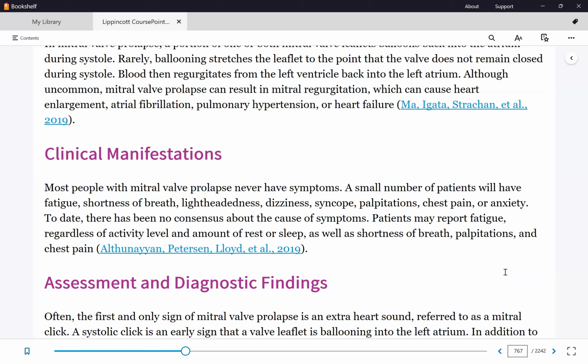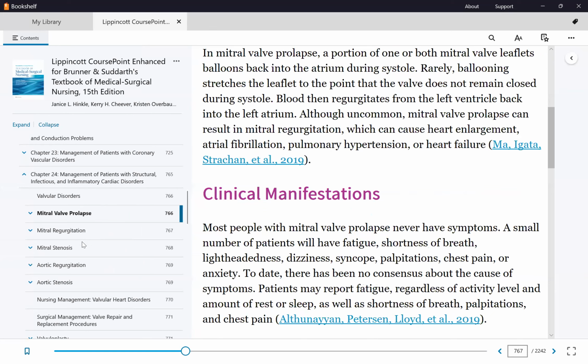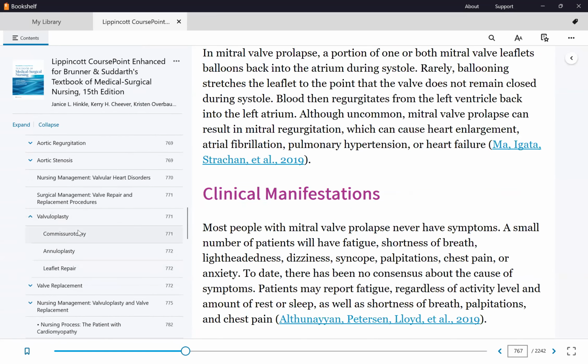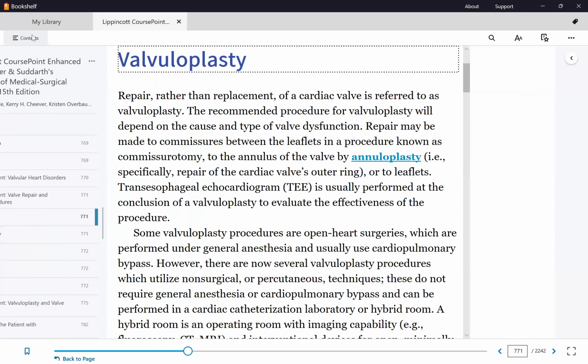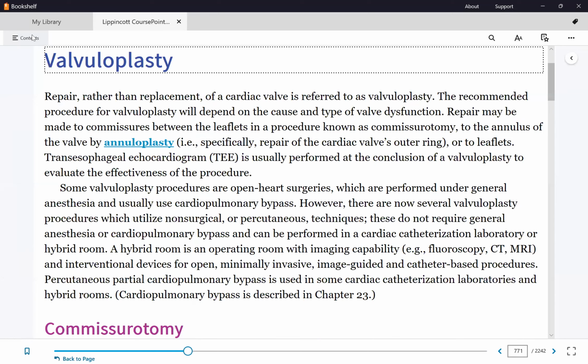Let's go now to repair. Page 771. So this is repair, valvuloplasty.